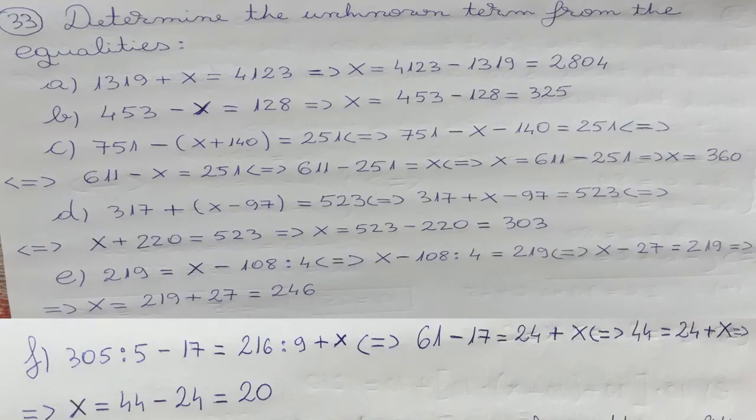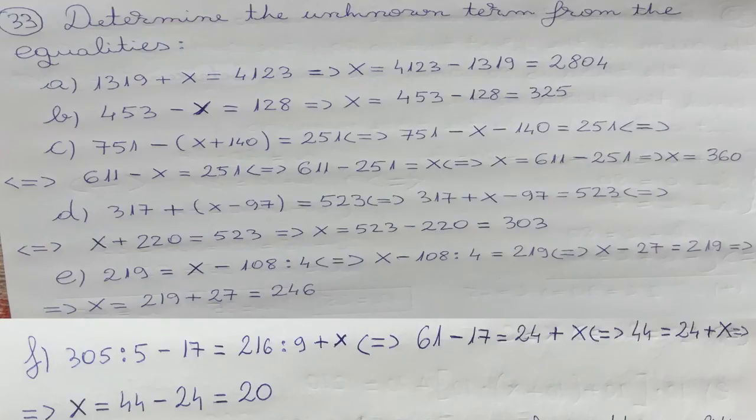So x is the difference between 4123 and 1319, which is equal to 2804. B. 453 minus x equals 128. X is equal to 453 minus 128, which is equal to 325.